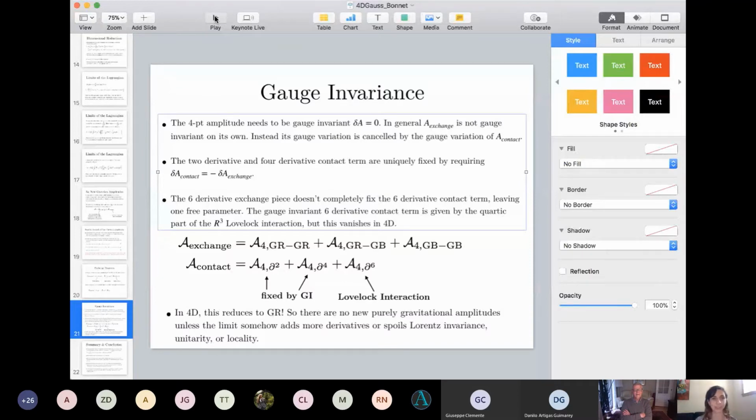So recently there's been a lot of buzz, with many papers coming out about there possibly being a new theory of gravity in 4D coming from adding a Gauss-Bonnet term to gravity.